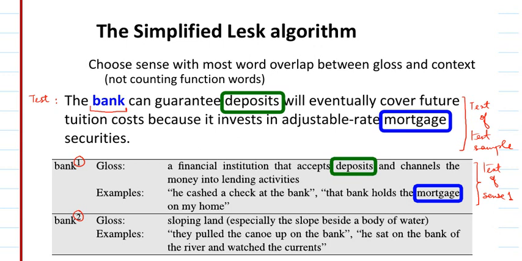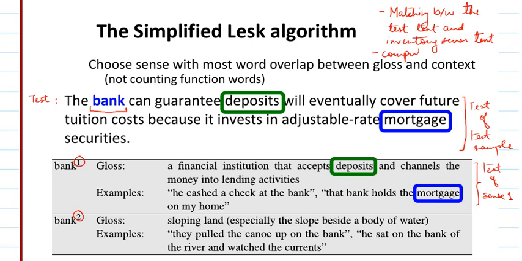So this performs the matching between the test text and the inventory sense text, and then computes a score.